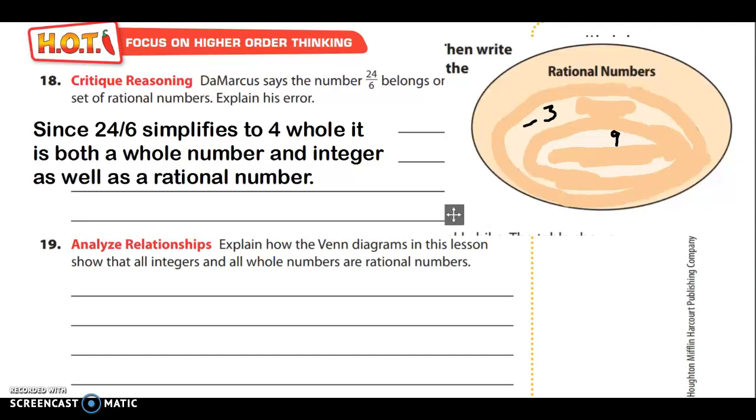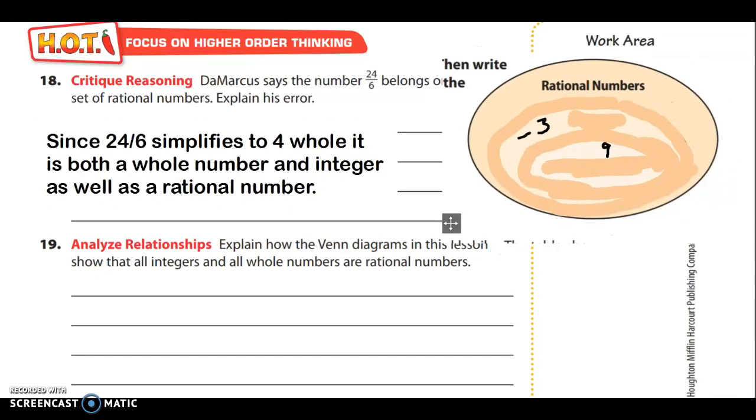And so what we can say here, and we could go to the explanation of, well, negative 3 can be written as negative 3 over 1, but that's not really what this is asking. It's saying, explain how the Venn diagram shows this.